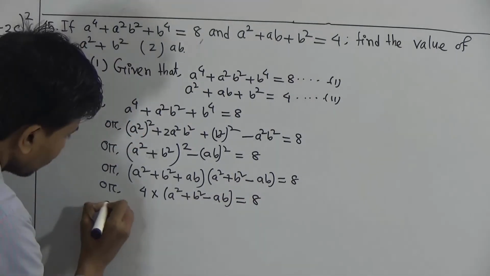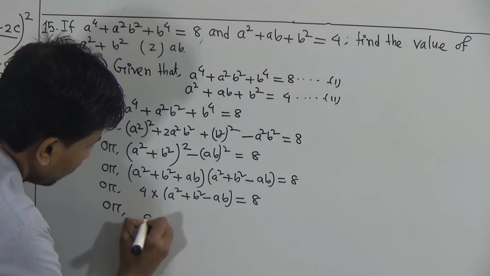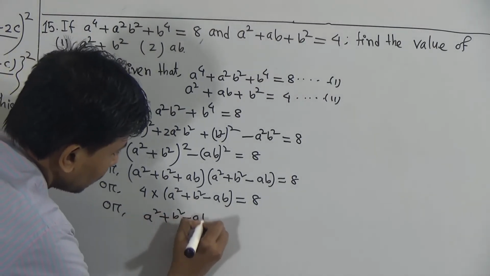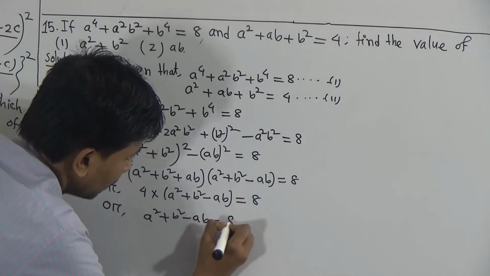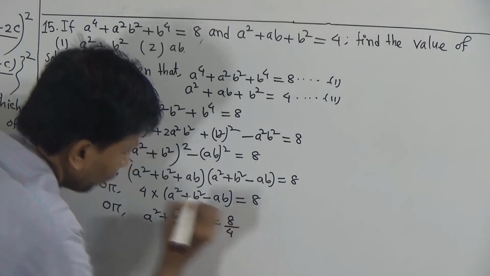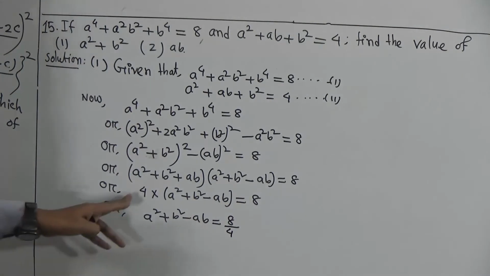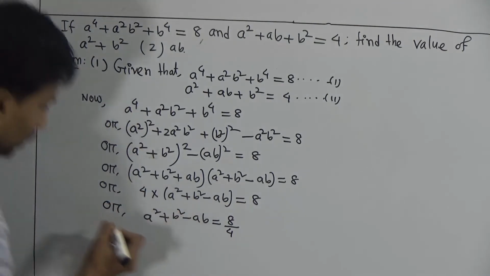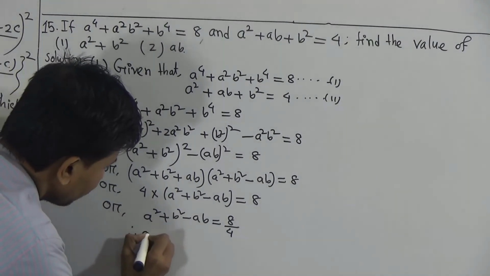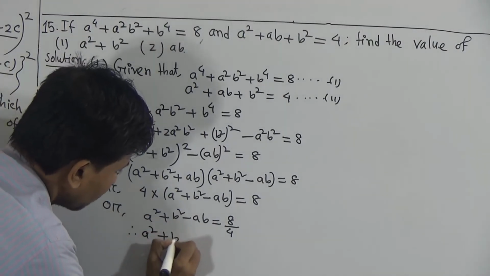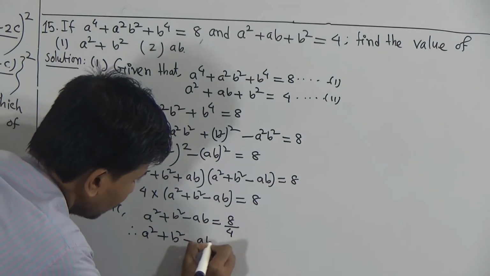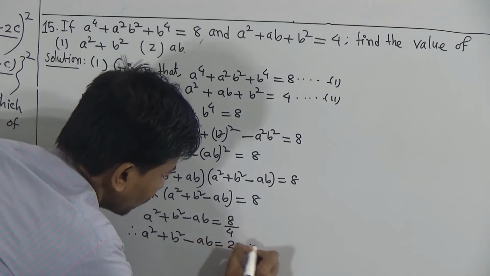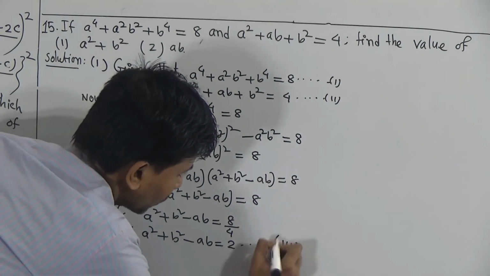Now, because this is a multiplication, we divide 8 by 4. Therefore a square plus b square minus ab equals 2, and this is equation number 3.